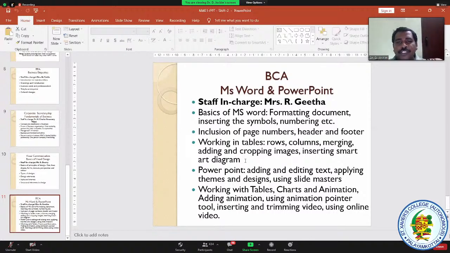All other students are free to choose any other course. The important factor to be kept in mind is you should have some previous knowledge. Even if you do not have previous knowledge, you should have complete interest in that paper. Then only you can complete that course in a successful way.